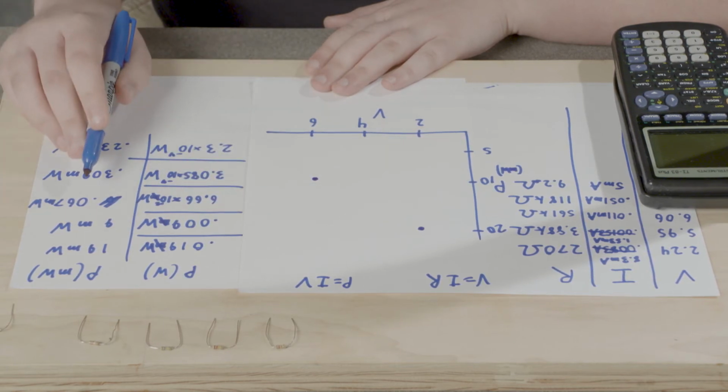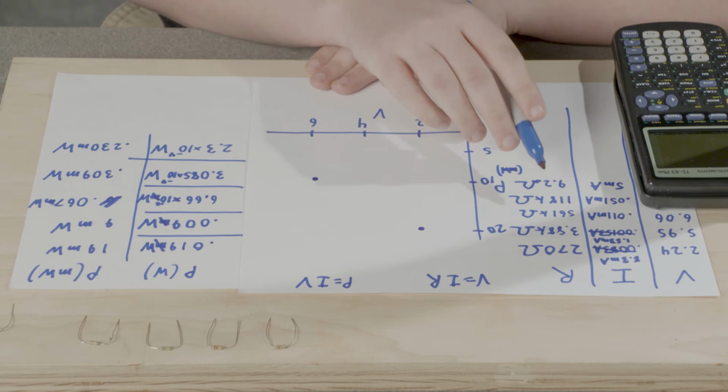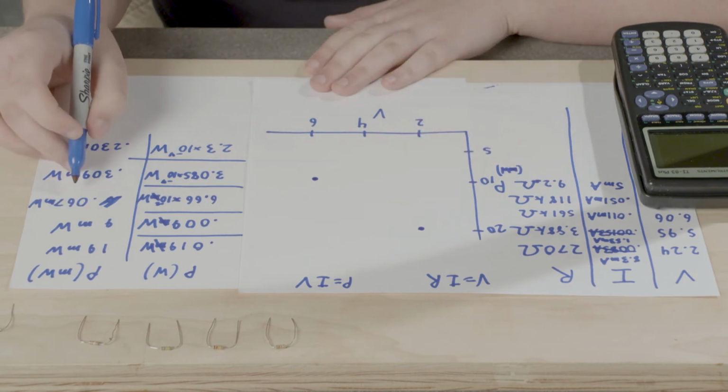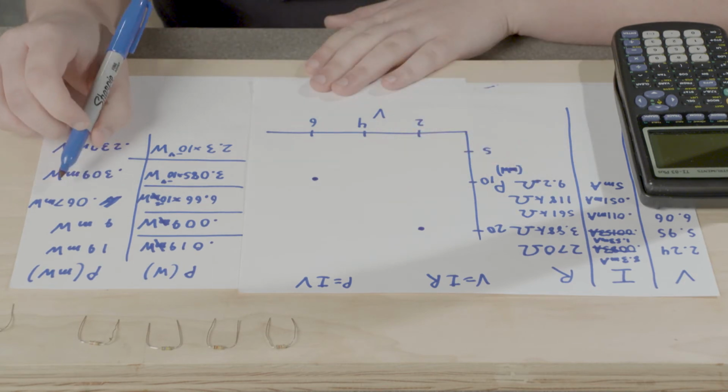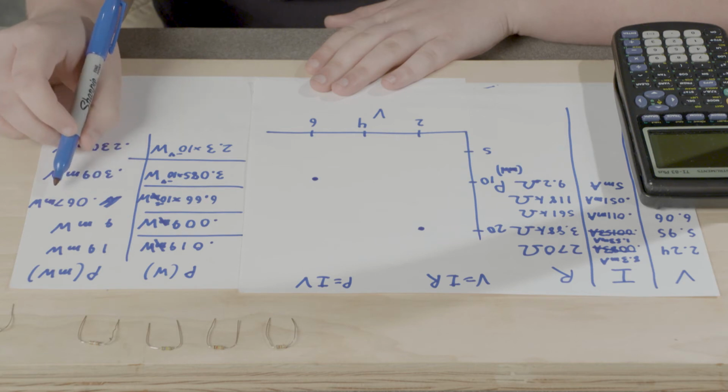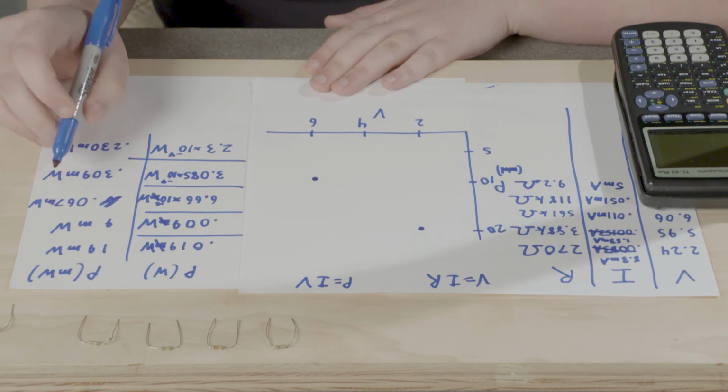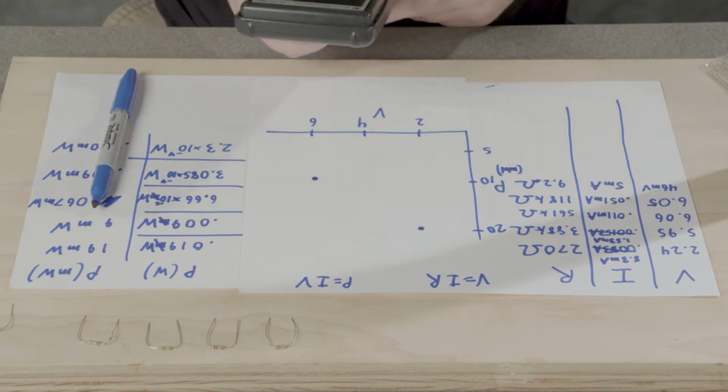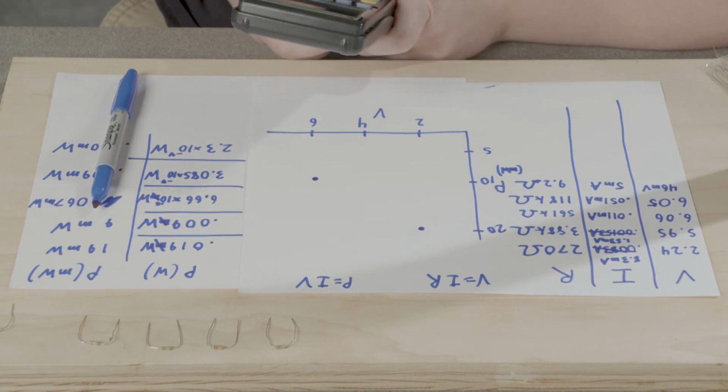All right. Then we'll do the 561 kilo ohm, and we get 0.067 milliwatts. Let's actually do those calculations again, so we're very accurate.